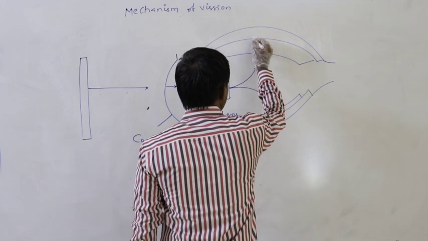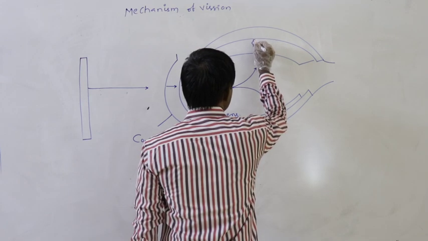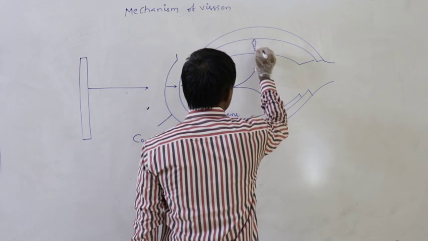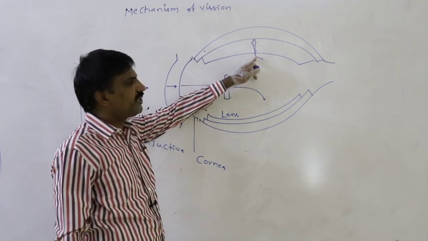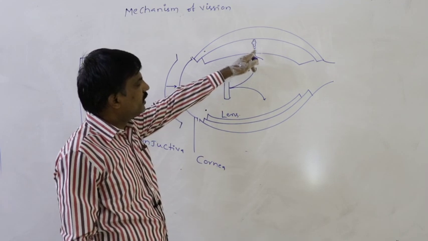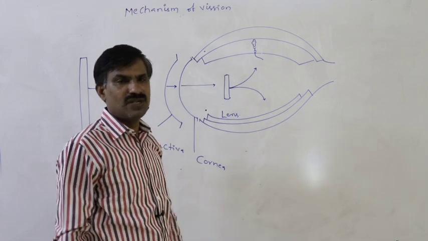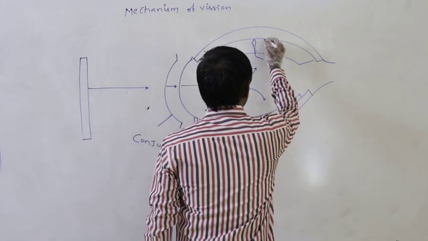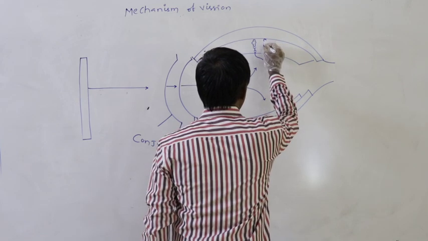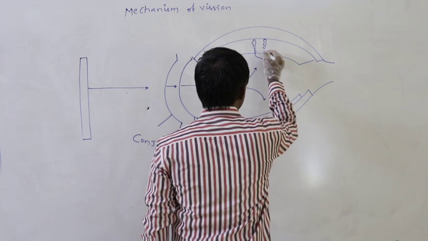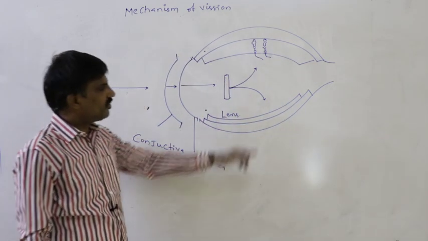Specifically in the case of the retina, what are the three layers of cells which are present? This is the bipolar neuron, this is the ganglionated cell.